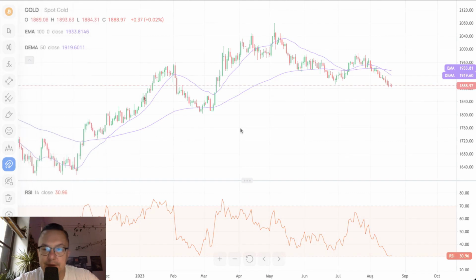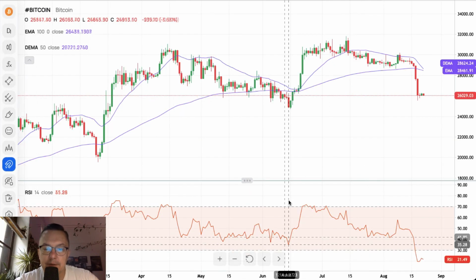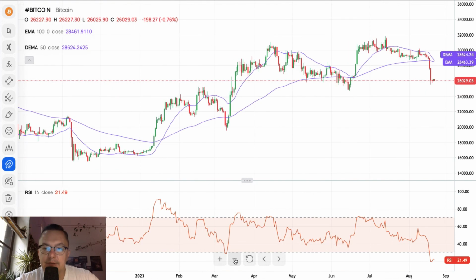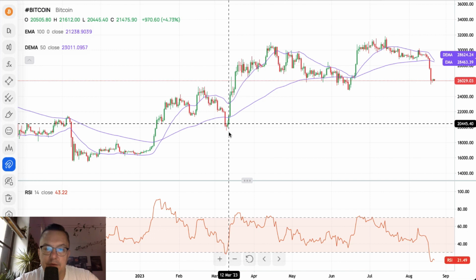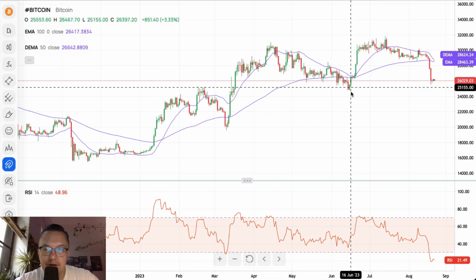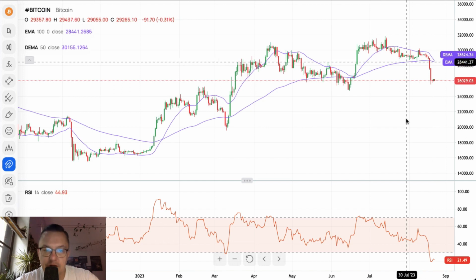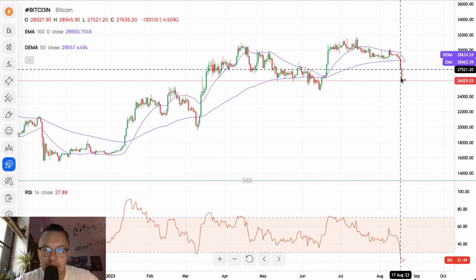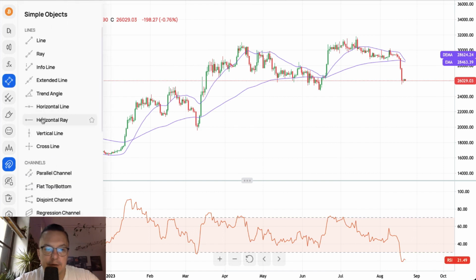Last but not least is Bitcoin. On the daily time frame chart, the Bitcoin price movement doesn't look good. However, as you can see, it's typical for Bitcoin to do a very sharp reversal or correction and then a new high, then a correction not that sharp and then a new high, a sharp correction, sharp decline, then a new swing high is supposed to be made.